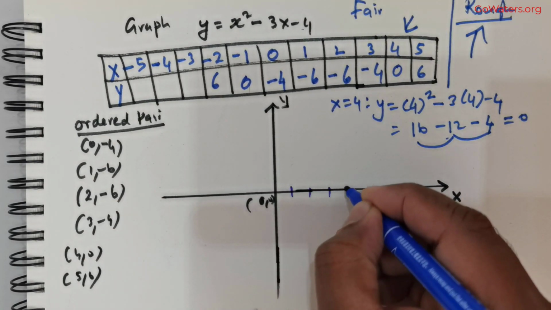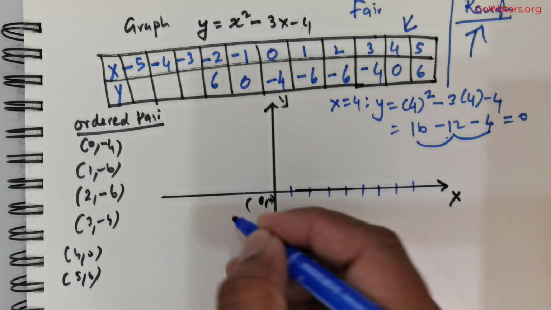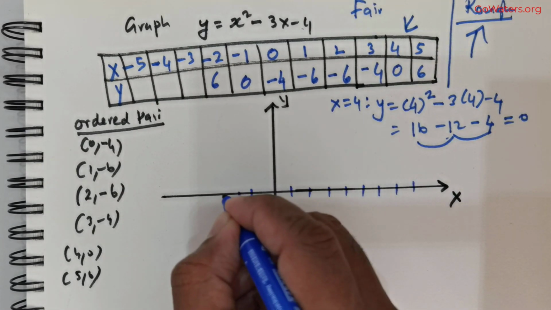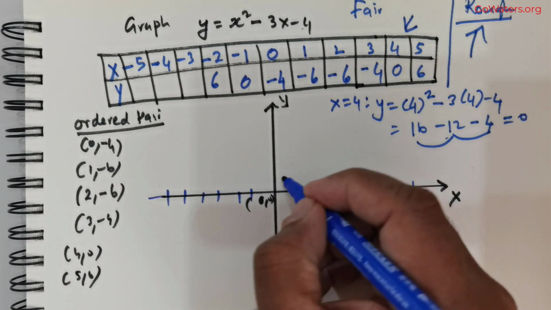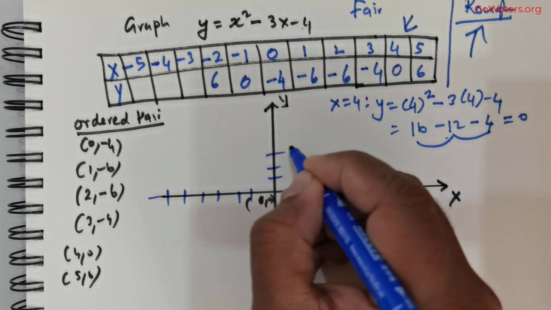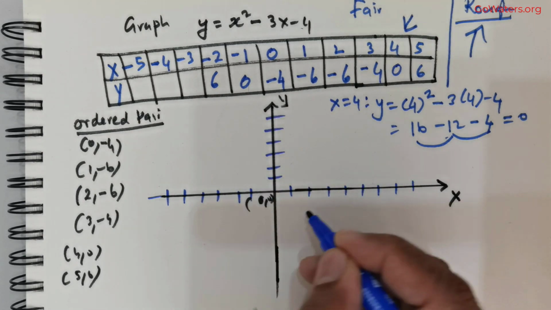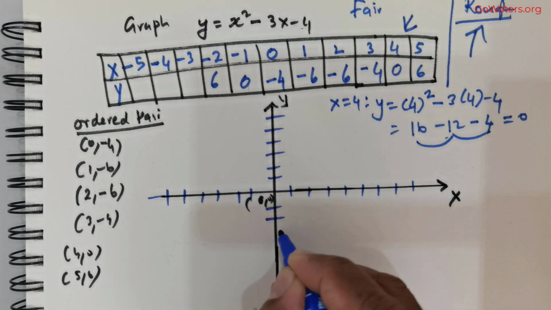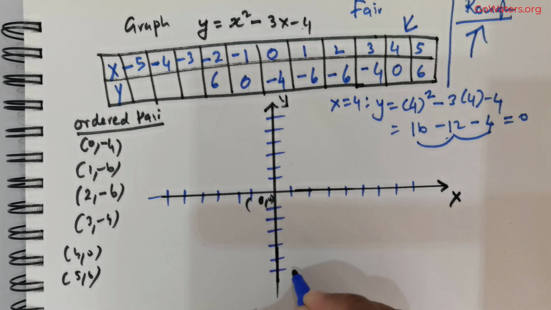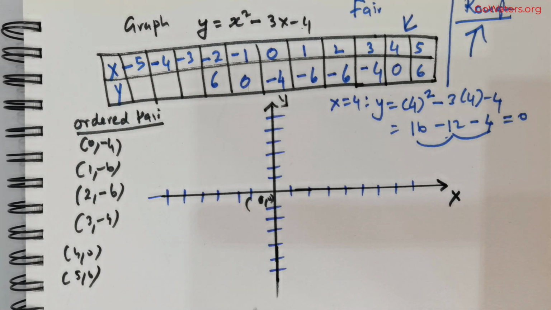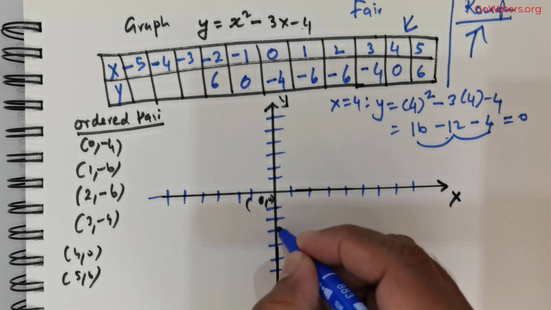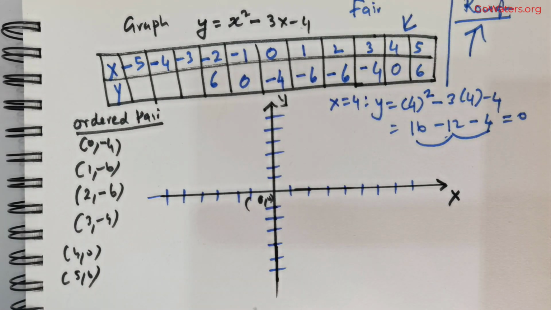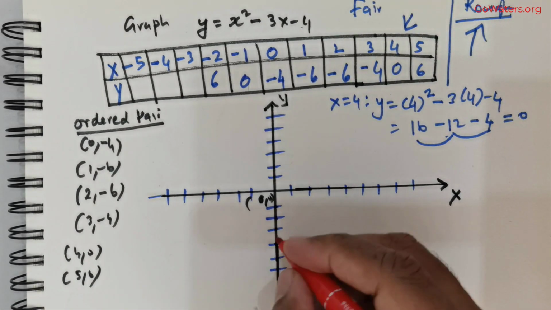This is 1, 2, 3, 4, 5, 6, 7, and -1, -2, -3, -4, -5, -6 on the y-axis, and 1, 2, 3, 4, 5, 6 on the x-axis. So 0 is here, -4 is present over here.